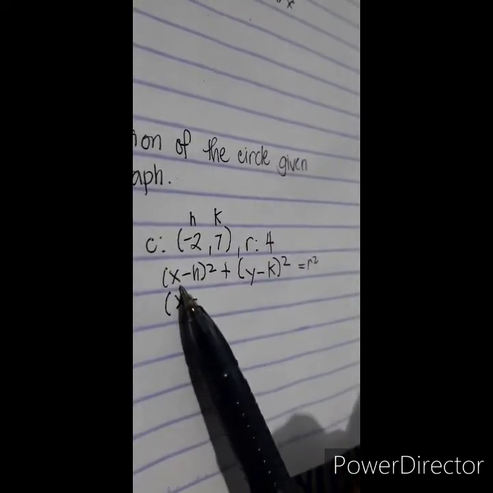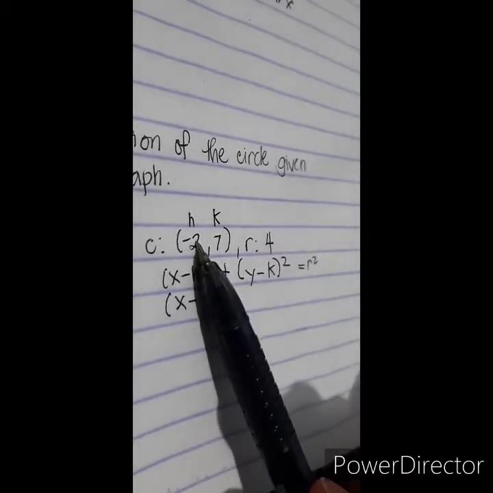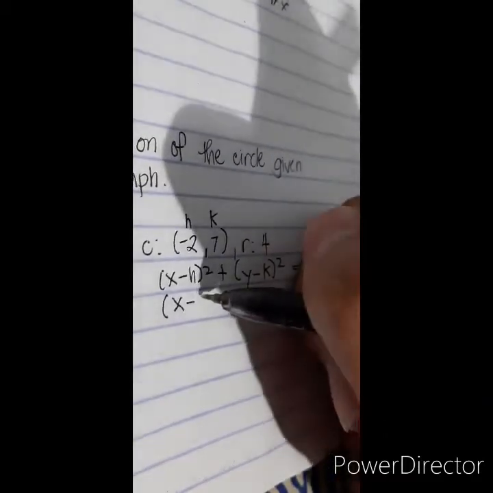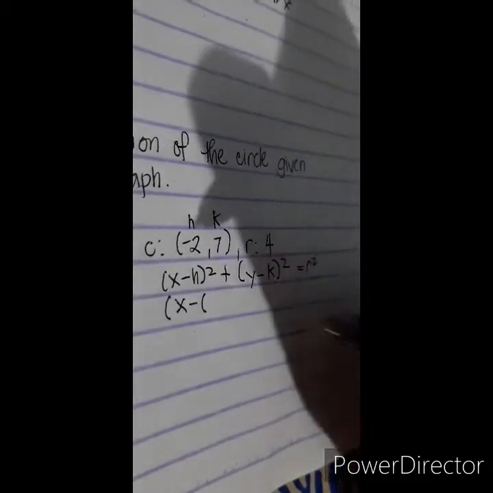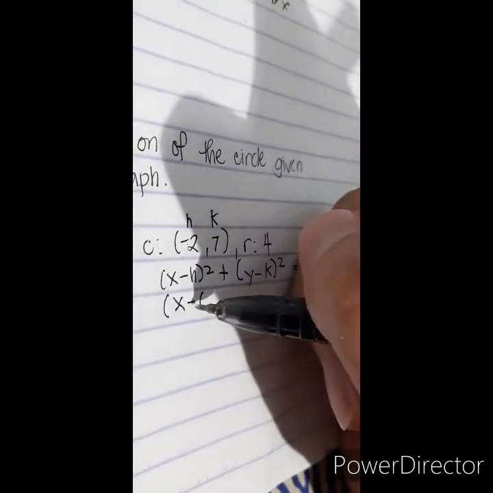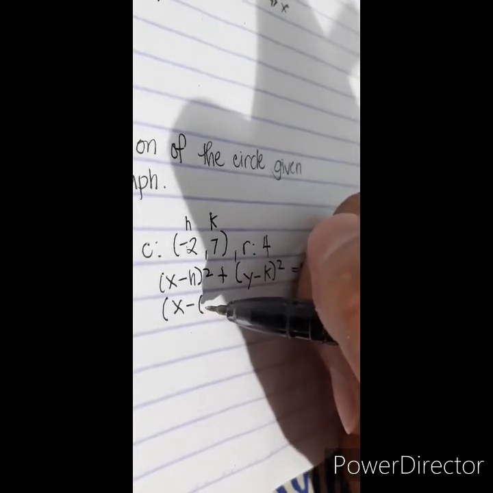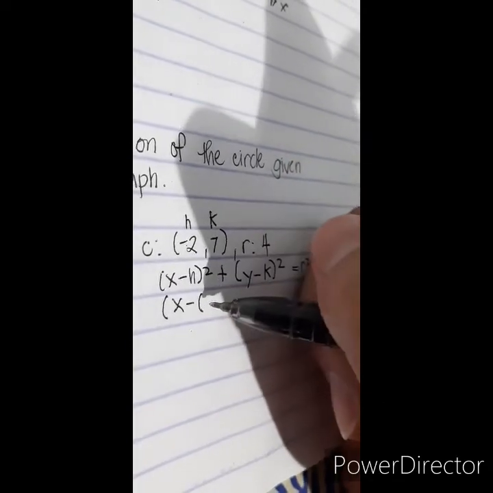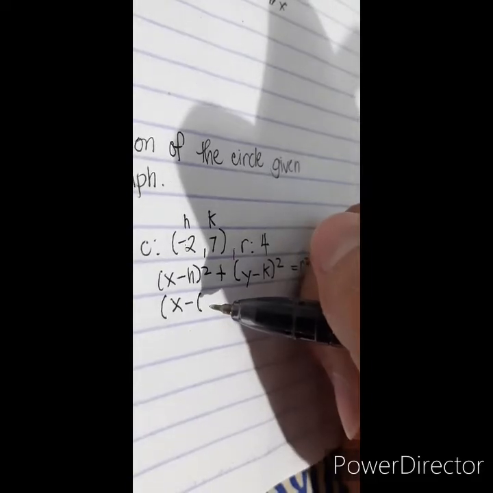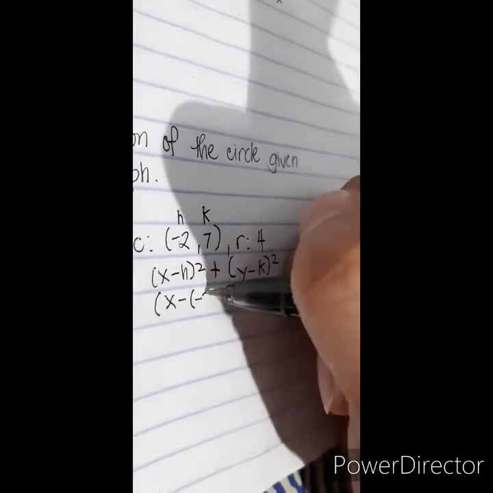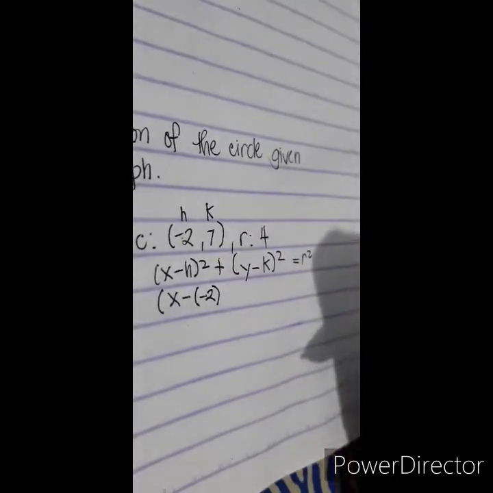So we have here x minus h, where h is equal to -2, so we will just substitute -2. Take note, we have here a negative, and also the operation here is minus. So we need to enclose the value of h in parentheses to avoid confusion of signs. So we have -2, and another close parenthesis.